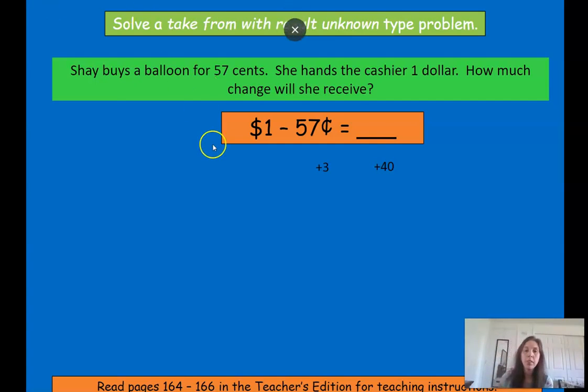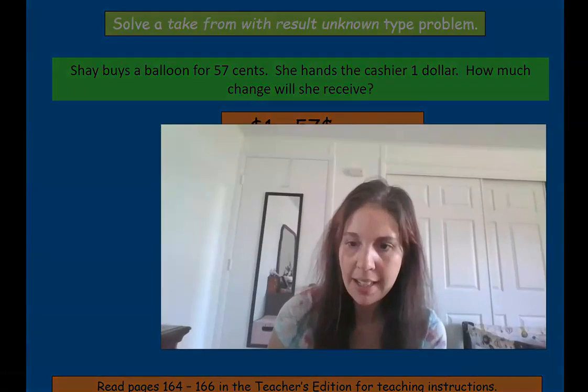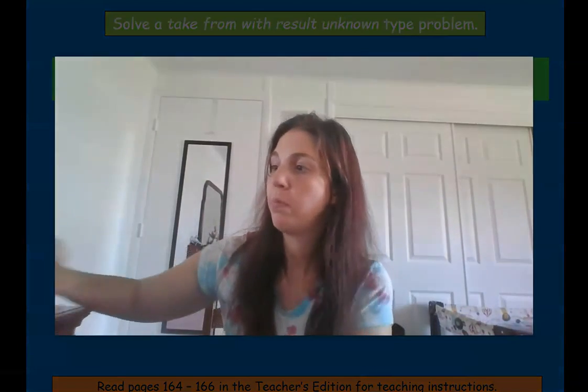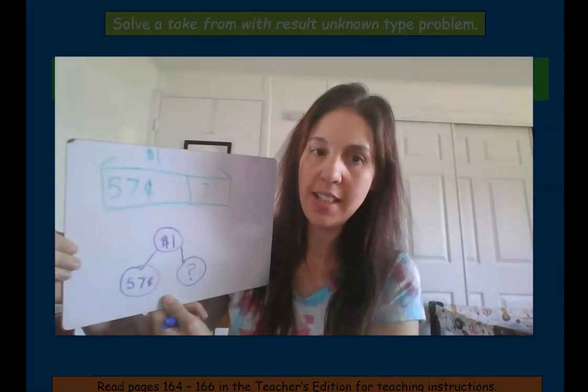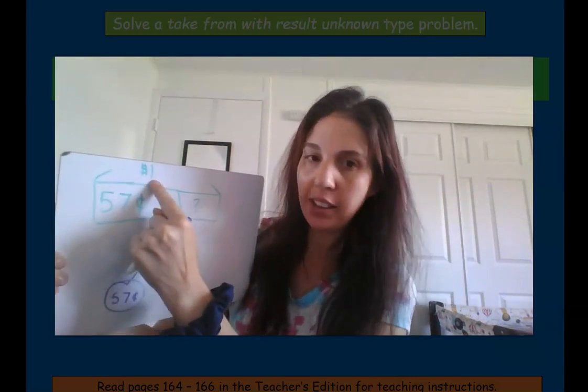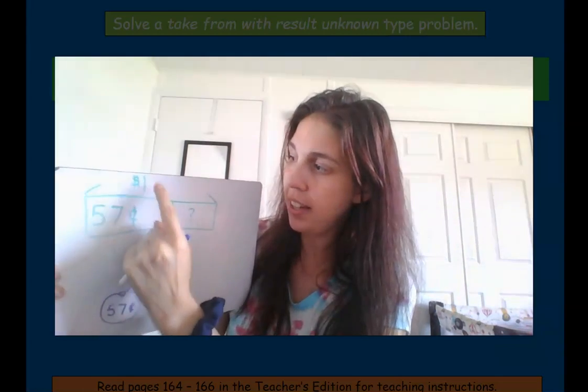So the number sentence you could use would be $1 minus 57 cents. Another way that you could show this is by using a tape diagram, which is the one that I did here on top for you. So we're starting out, the $1 is the whole, that's how much we started out with.